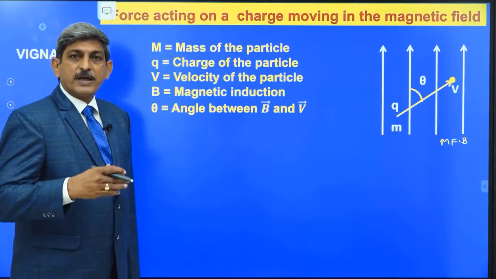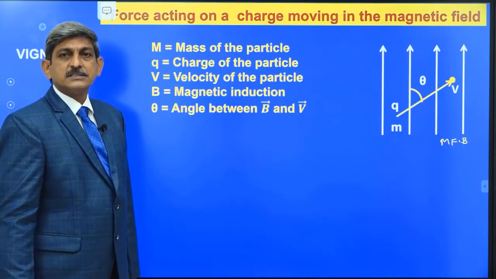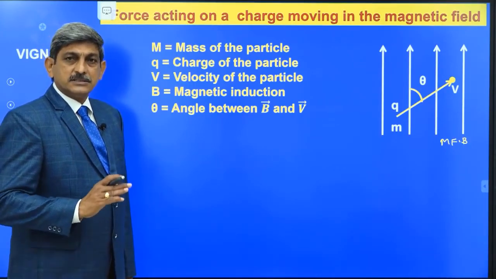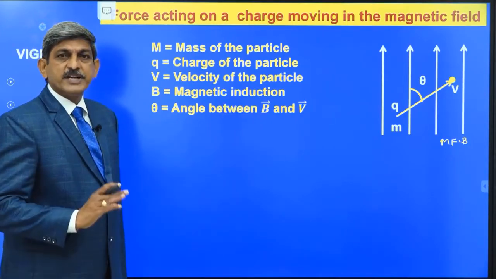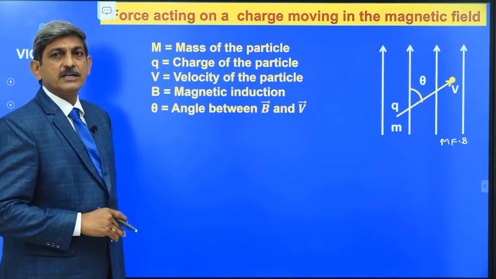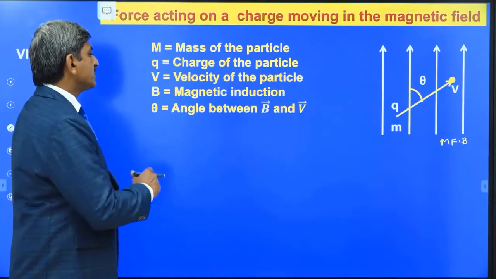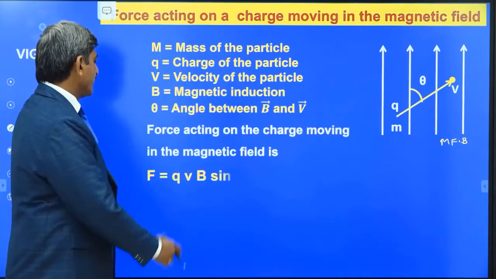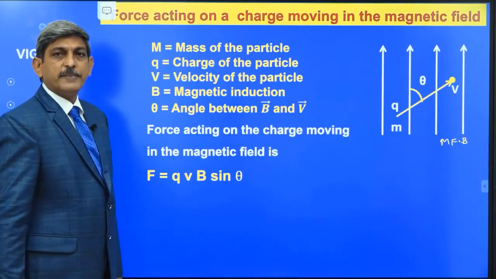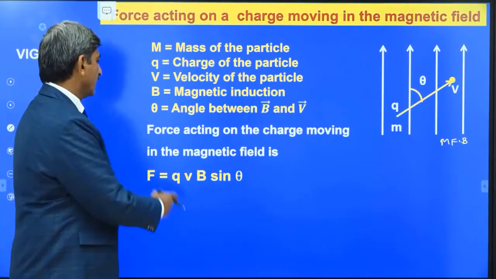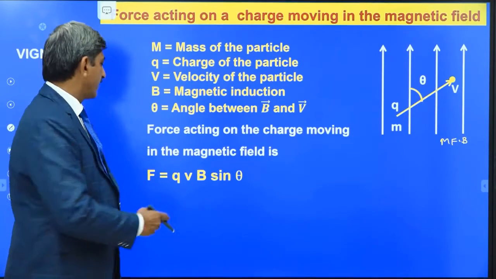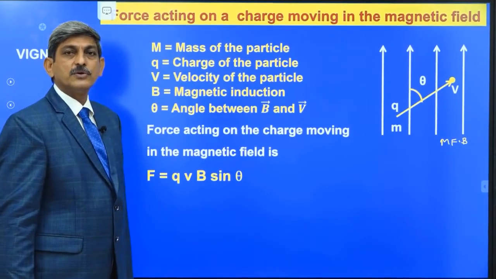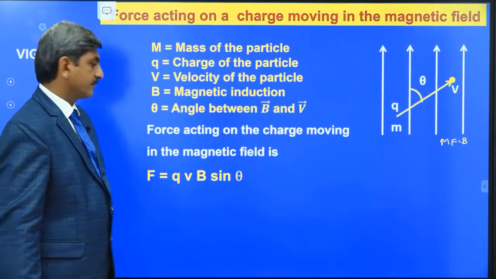By performing many experiments, it is concluded that the moving charge experiences some force inside the magnetic field, and it is estimated as F = qvB sin theta. The force acting on the charge moving in the magnetic field is given by F = qvB sin theta.